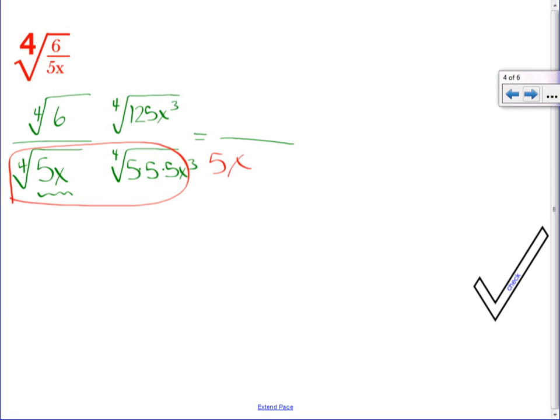On the top, we're going to put these together. There's not going to be any groups of 4 that we can take out because 125 is 5, 5, 5, and 6 is 2 and 3. So we can just take 6 times 125. Somebody tell me what that is? 750. So we got the fourth root of 750, and we've got x cubed.